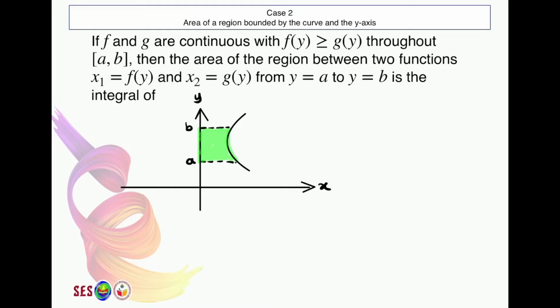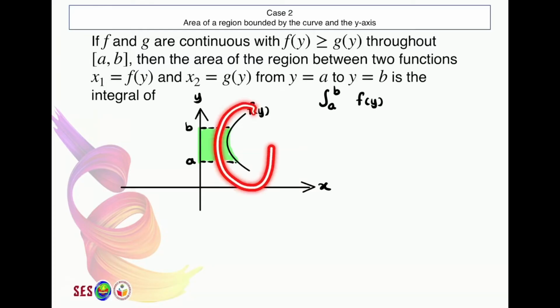So how do we go about finding this area? This is our main aim, to find the area bounded by the curve and the y-axis. Like what we said in the previous slide, we take the interval from a to b, and we take the right-hand function. So this will be your f(y), because f(y) is the right function.